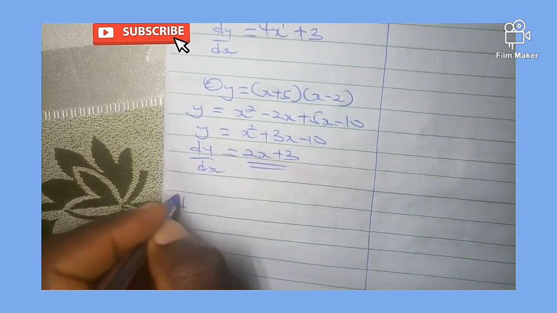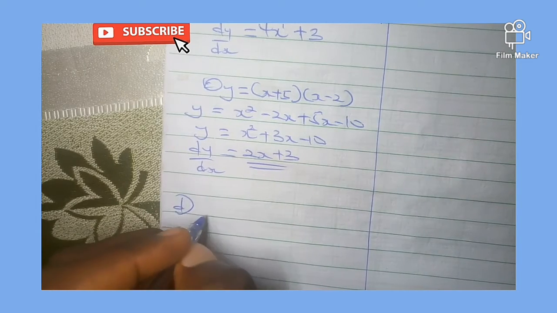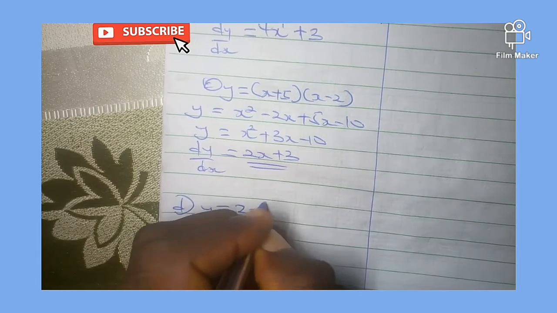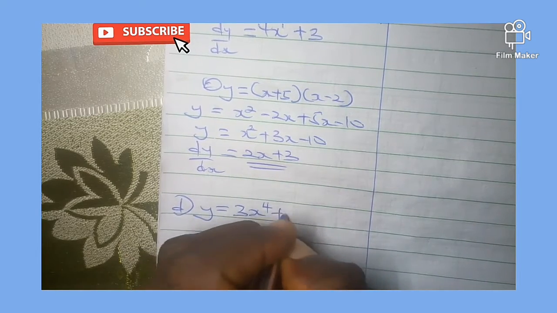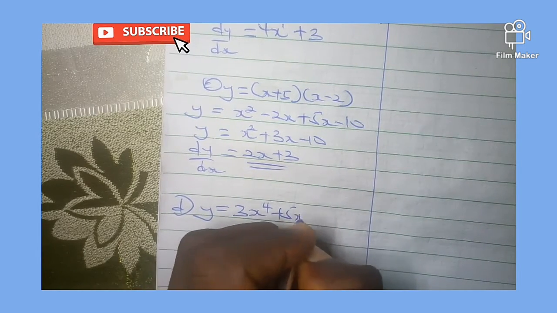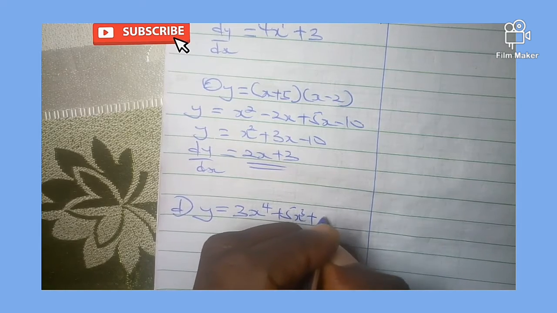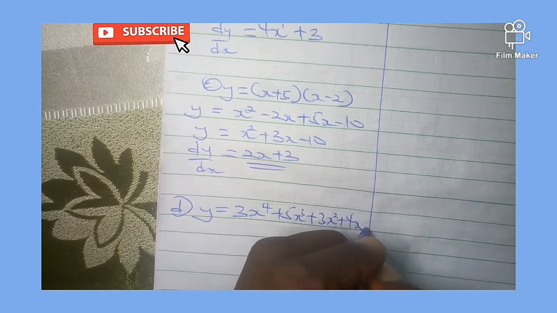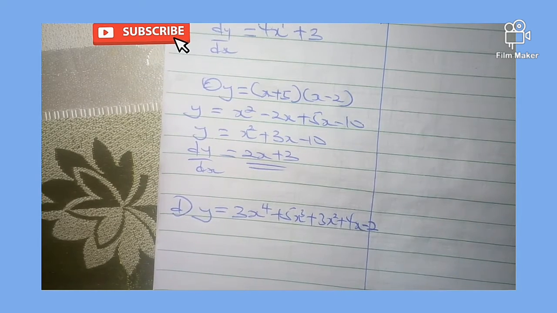Example D. y is equal to 3x to the power 4 plus 5x cubed plus 3x squared plus 4x minus 2. Good.